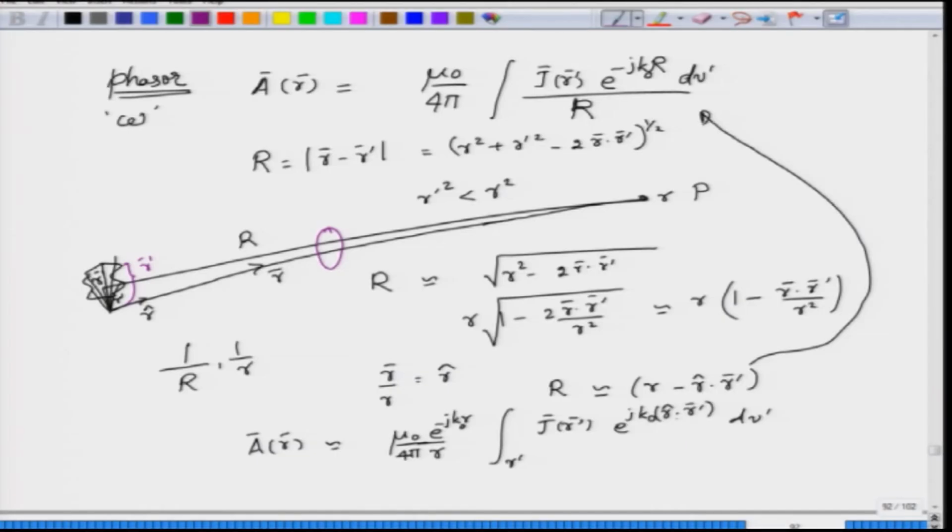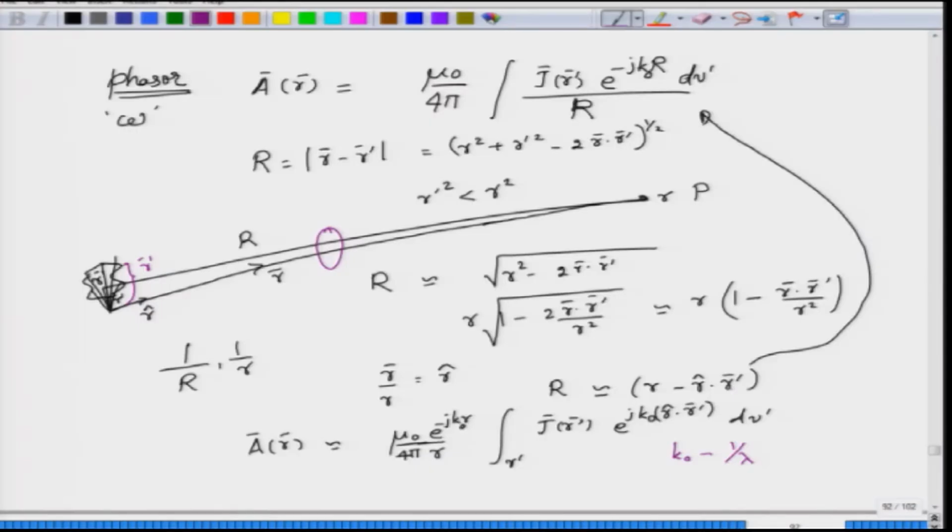So, with that, this 1 by r can always be approximated as 1 by small r in the denominator, but I can't do that in the numerator. Agreed, r prime may be small, but k 0 is inversely proportional to lambda, and lambda could be very small, because these antennas work for wireless communications in the range of 900 megahertz to about 15 or 28 gigahertz, depending on whether you are working with 3G, 4G or 5G.